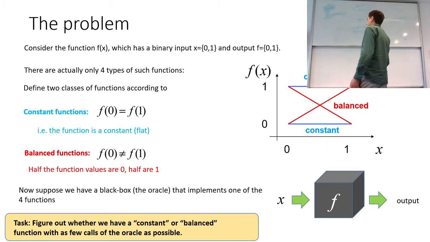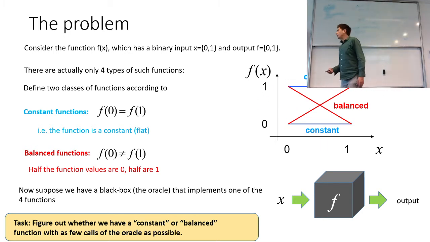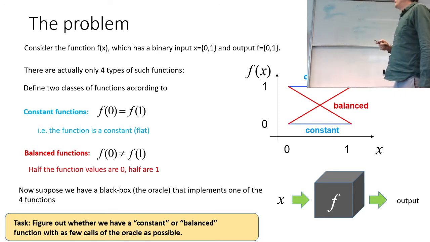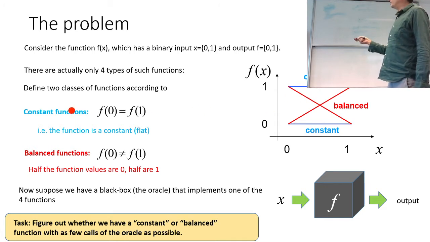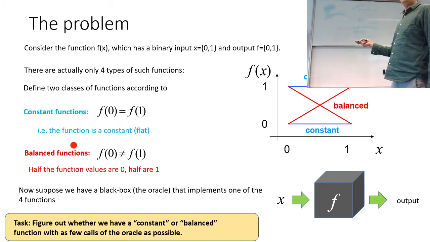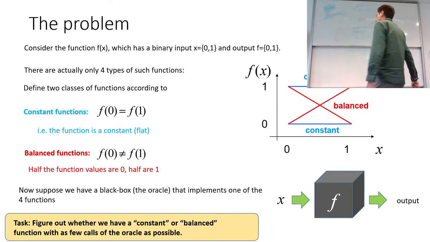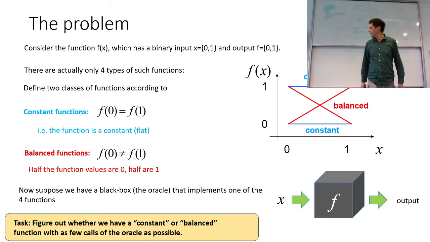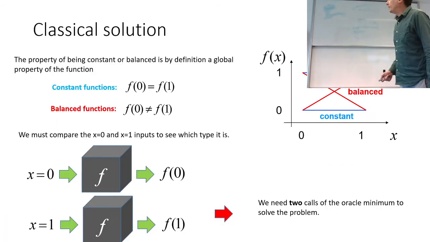But you don't know which one it is, so it could be any one of the 4. But the task is to figure out, okay, is it in this blue group, the constant functions, or the balanced functions? You want to figure out which group it's in.